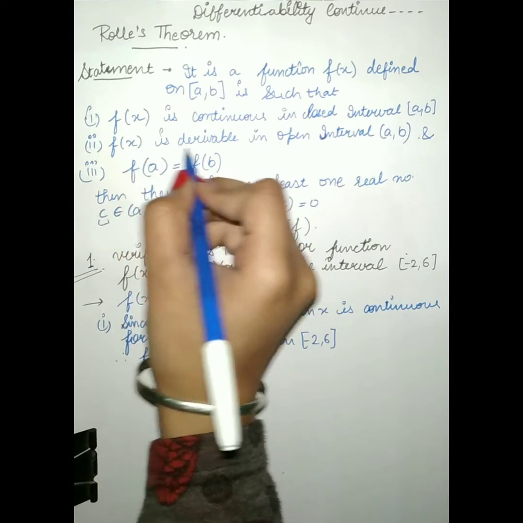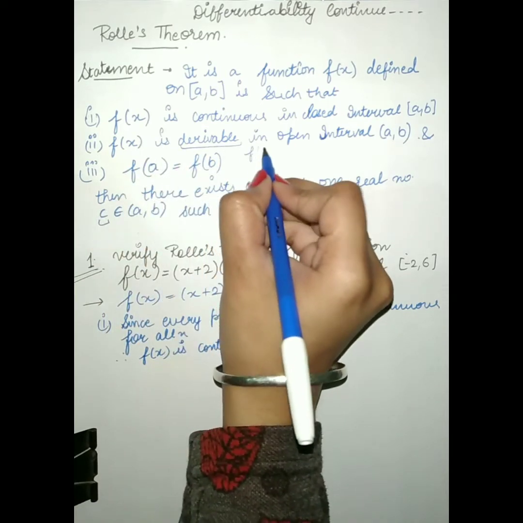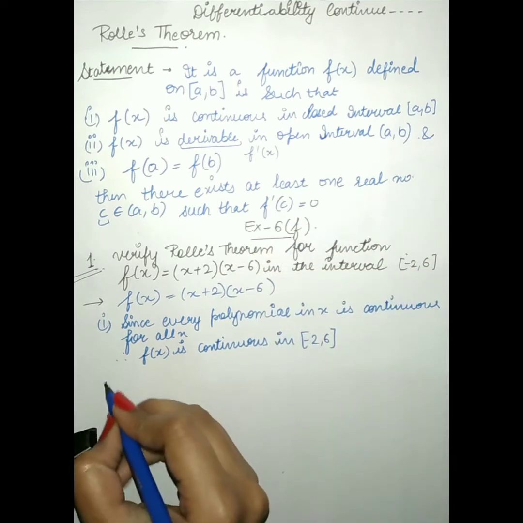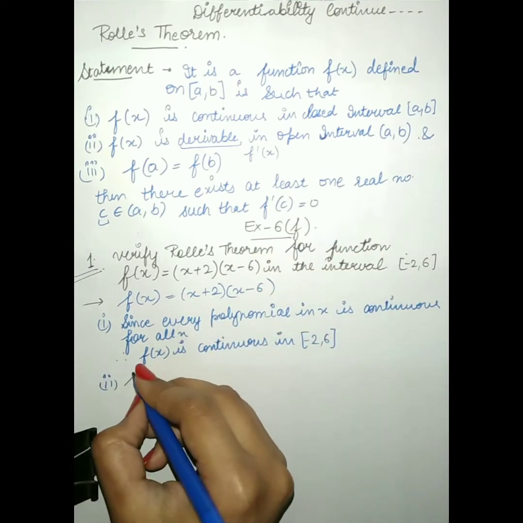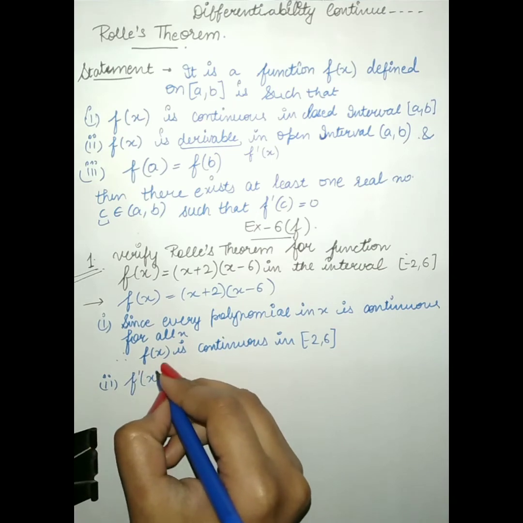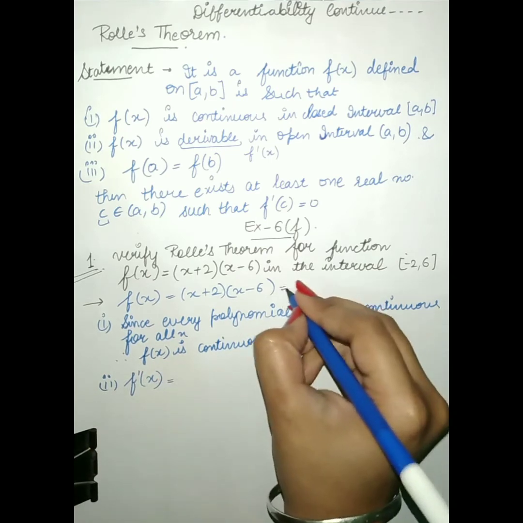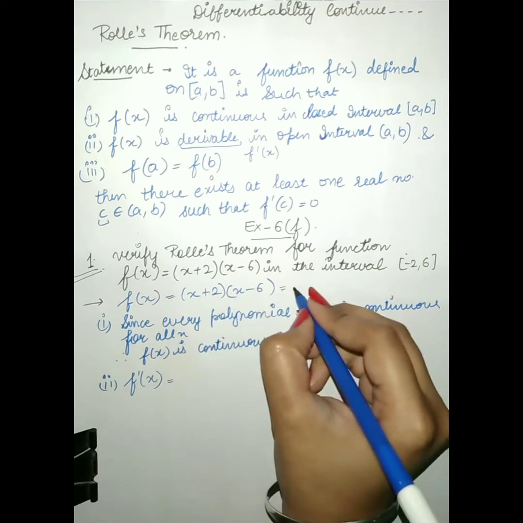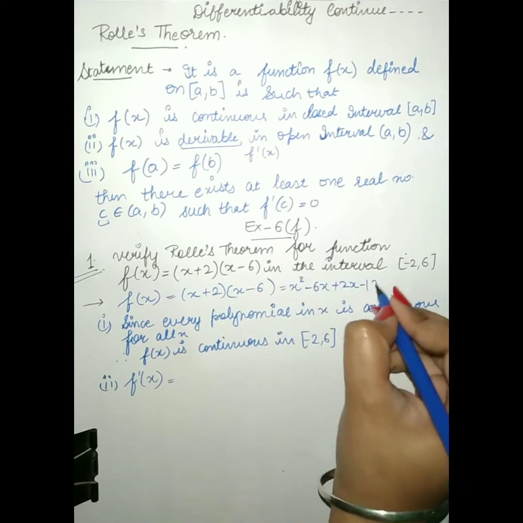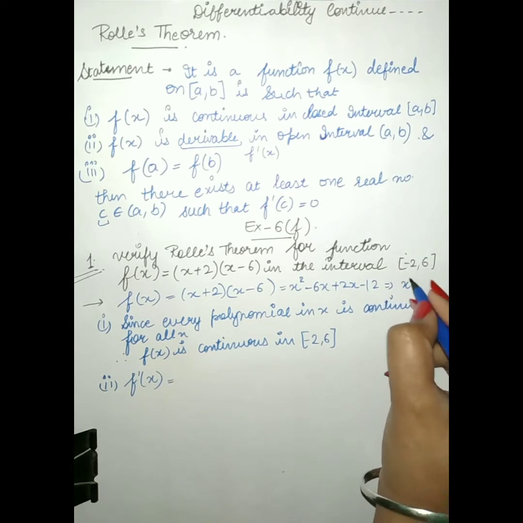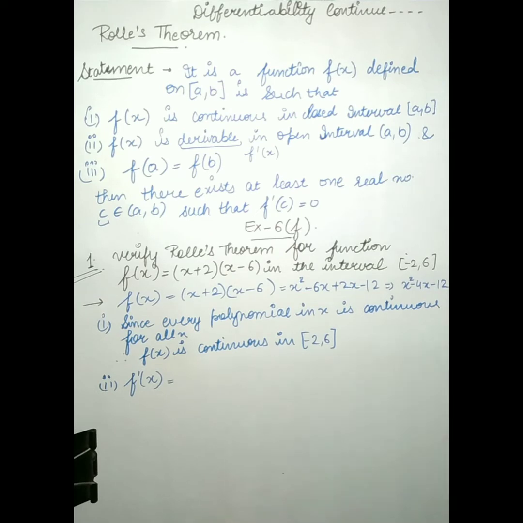Now we will find whether f of x is derivable in the open interval. That means we will have to find f dash x. So we will find the derivative of this term. If we solve this, it will become x square minus 6x plus 2x minus 12, that means x square minus 4x minus 12.